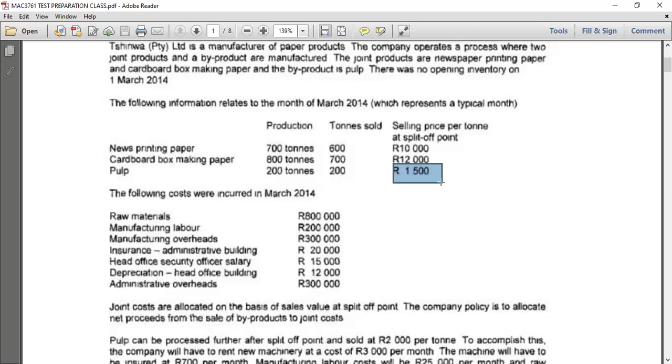Because it's not all products, we can have a byproduct, we can also have waste. Maybe according to environmental laws, you might even incur additional costs to dump it. Then you will have to add that cost. So when we're considering the net realizable value, we look at the net realizable value of all the tons produced, even if they've not yet been sold, because eventually they will be sold.